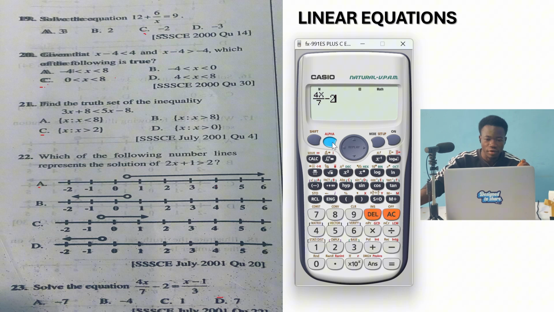So we press alpha and calc equal x minus 1 over 3. And you solve for the answer. So the correct answer is 7, which is option D. The correct answer is option D.